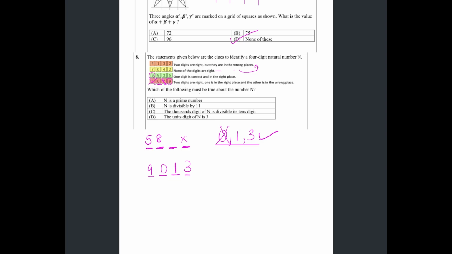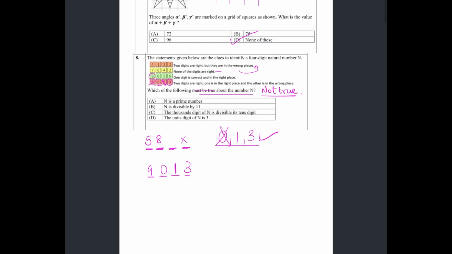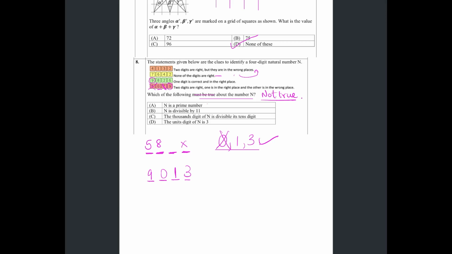And there was a small change in the question. Which of the following is not true? So now that we have the number 9013, yes, it is a prime number. And its thousands digit is divisible by its tens digit: 9 is divisible by 1.